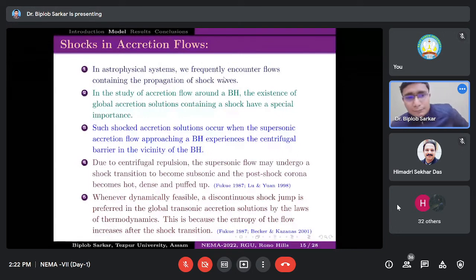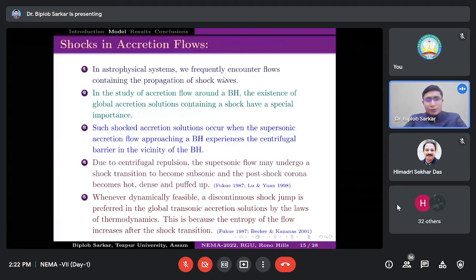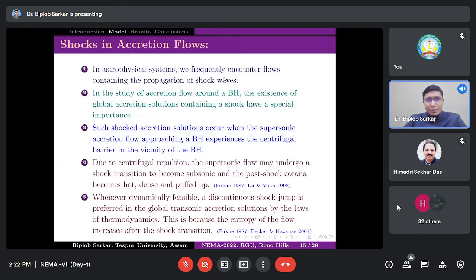Now, while we study the accretion flow around a black hole, the existence of shock waves in the global accretion solutions is highly important, because they can explain a large number of observational aspects from the black hole candidates, like the quasi-periodic oscillations and the accretion disk luminosity.